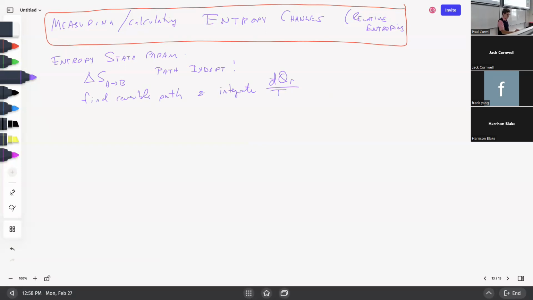So I can write that change in entropy in going from A to B is equal to the entropy of B minus the entropy of A. So I can do that. And all I've got to do is to solve an integral from A to B of d bar q reversible over T. Okay? So experimentally, how do you do this?